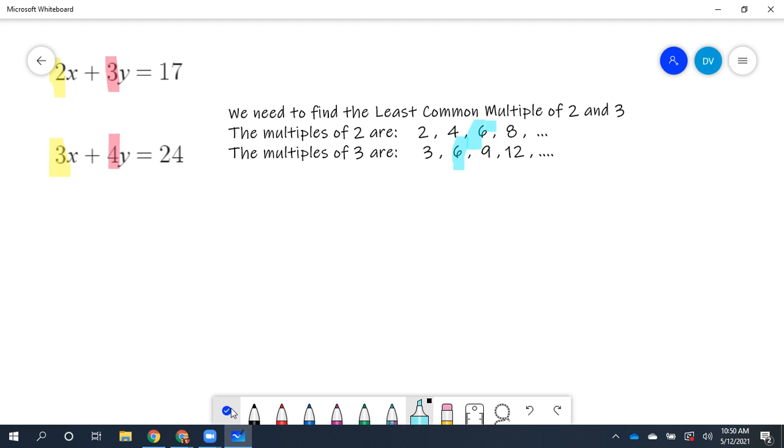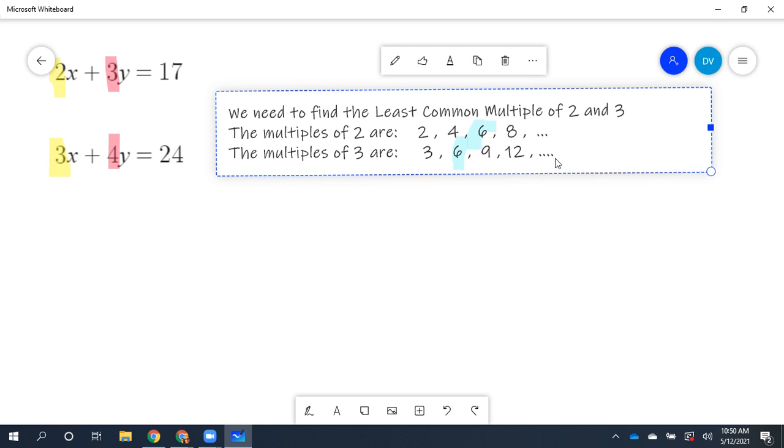So we want to use a positive 6 and a negative 6 in our equations. Let me write that down here.